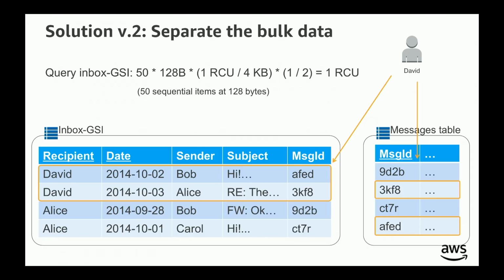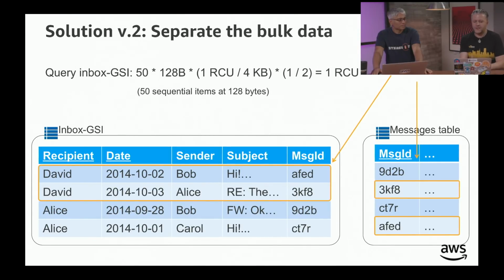I'm sending less data, and they're faster, because instead of 500 kilobytes, I might be getting just a few kilobytes back for 50 messages, because each item in the projected GSI is maybe 128 bytes, maybe a couple of hundred bytes. And the cost is down to one read capacity unit.